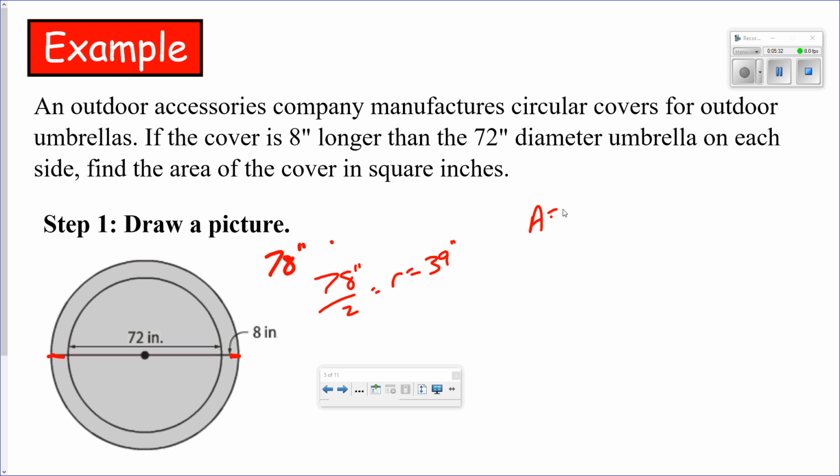So area is equal to pi times the radius squared. So pi times 39 squared. The area is approximately 4,778.36 inches squared. I say approximately because remember pi is an irrational number.